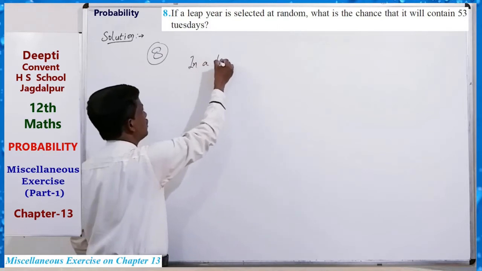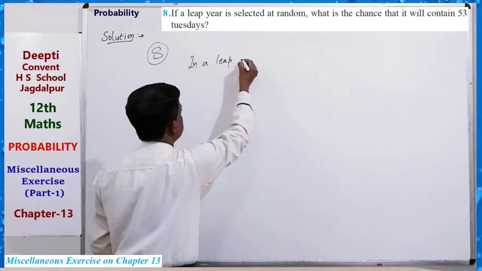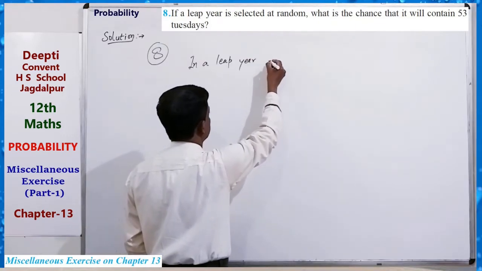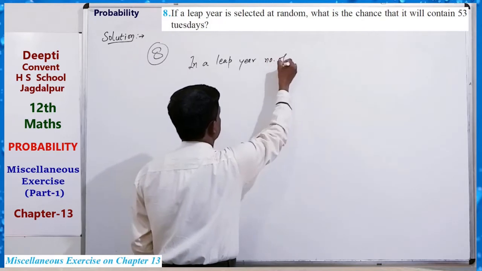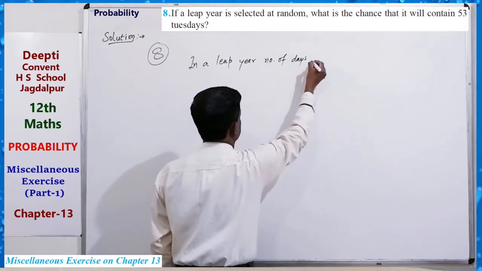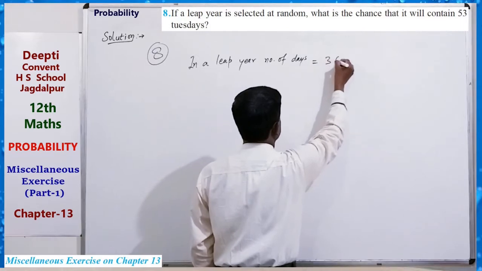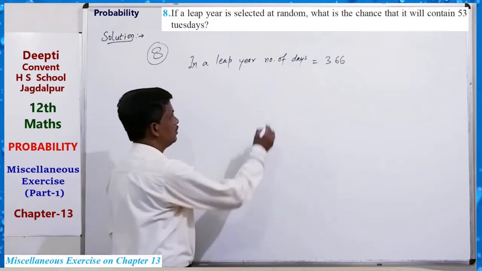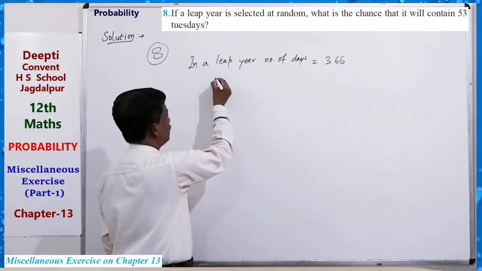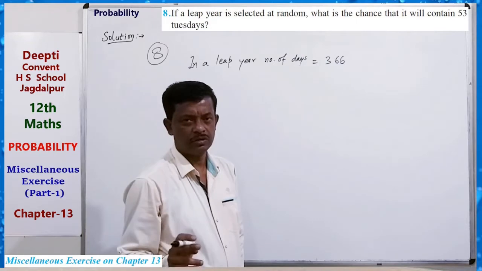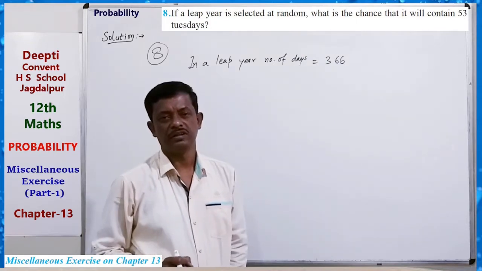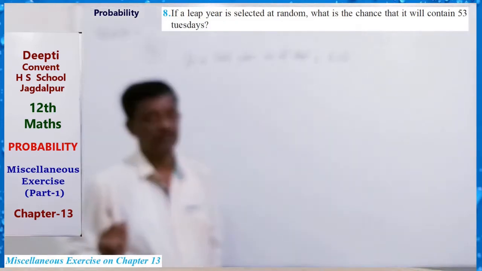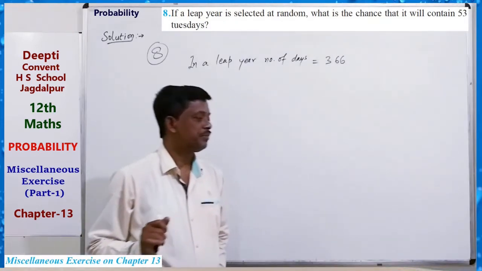In a leap year, the number of days is 366. We have to find the probability that this year contains 53 Tuesdays.